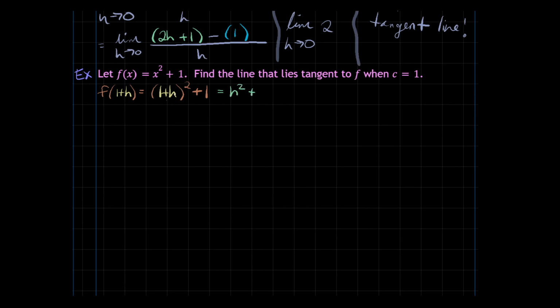I'm going to have twice the product of these two things, so 2 times 1 times h is 2h, and then also plus the 1 squared would be 1, and then an additional 1 makes 2. So foiling that out and combining like terms, that's what we get. F of 1 is 1 squared plus 1, which is 2.